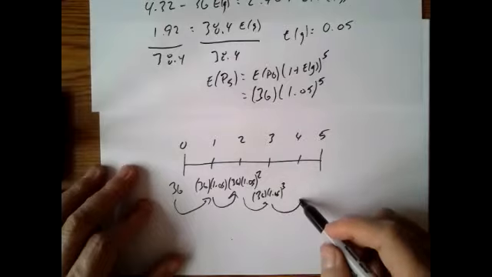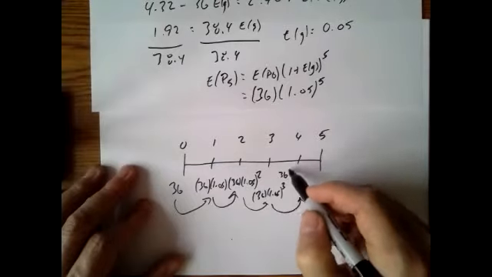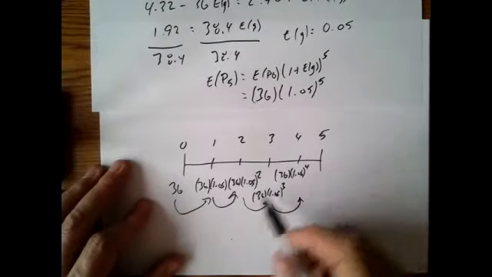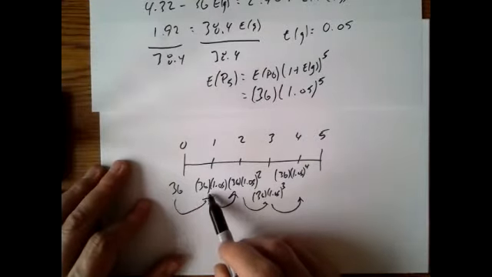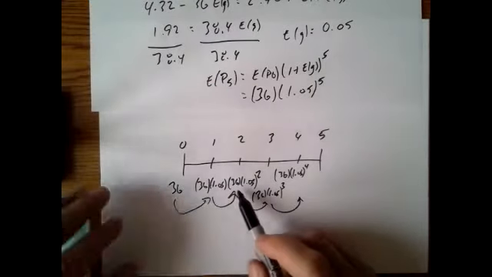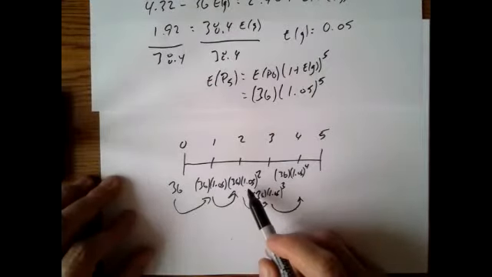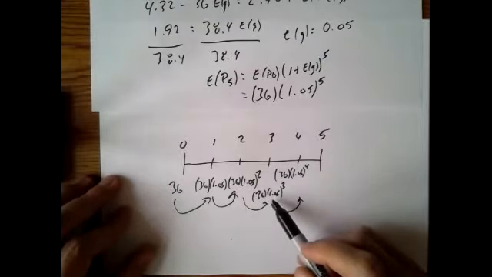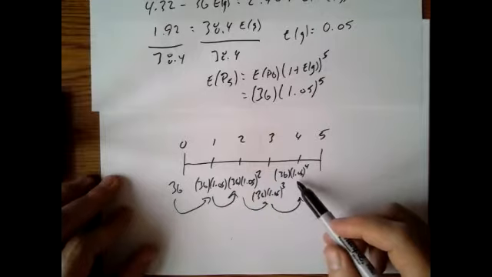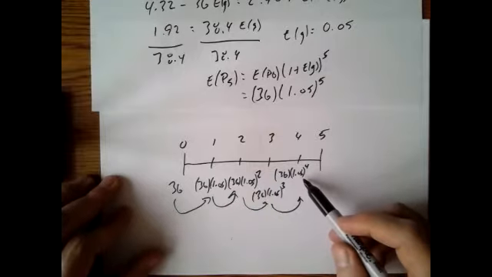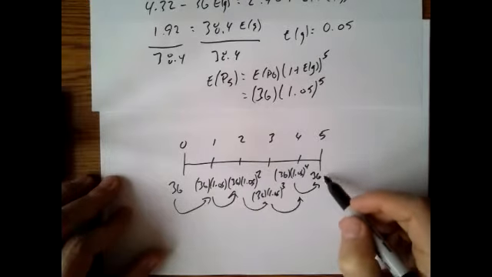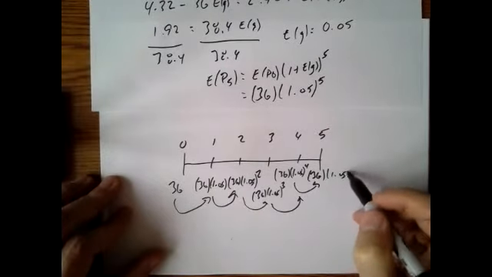Then I'm going to go to year 4, and I'm going to have 36 times 1.05 to the 4th, because 36 goes to 36 times 1.05, then times 1.05 again, and so on. All right, you get the idea. And then now I'm at 36 times 1.05 to the 5th.